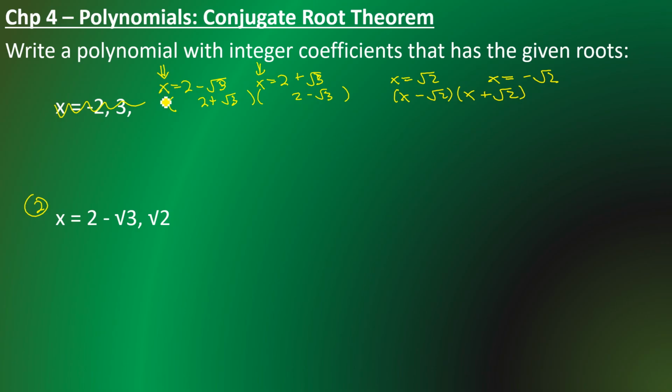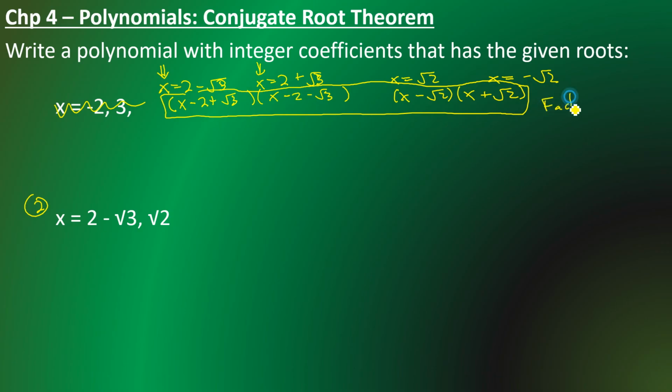And there's a problem. This x just doesn't go away. And also this 2 should be subtracting over there. So I need a minus. Now, if I multiply all of this together, that's going to give me what I'm looking for. And this is the factored form.